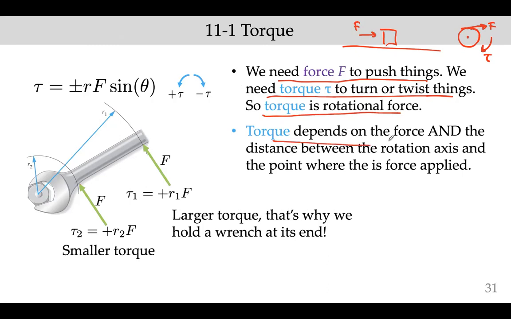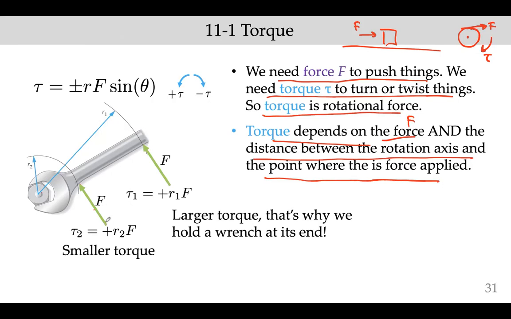And torque depends on the force, but it also depends on the distance between the rotation axis and the point where the net force is applied. So in these two cases, you have the wrench, and here's the bolt. You want to loosen it, let's say.